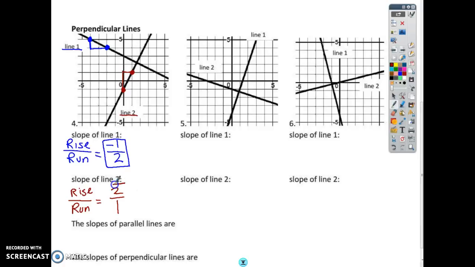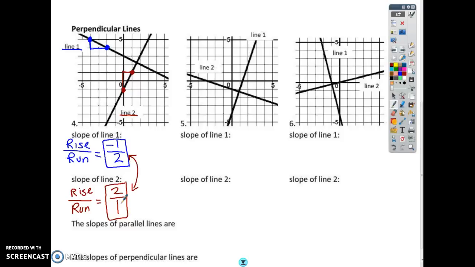What do you notice about these two? They're flipped, right? And one's positive, one's negative. One's positive, one's negative, and the number's flipped. So instead of 1 over 2, now it's 2 over 1. Okay? That is called negative reciprocals.